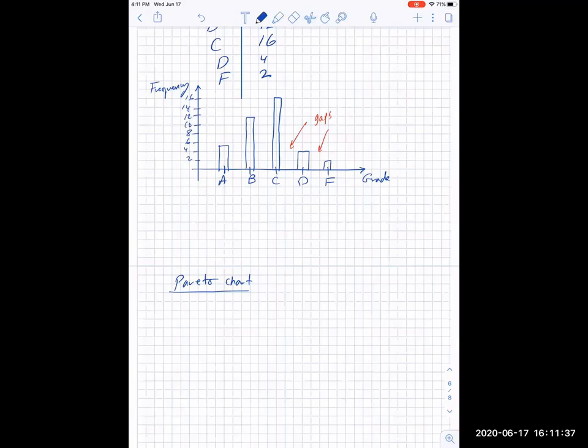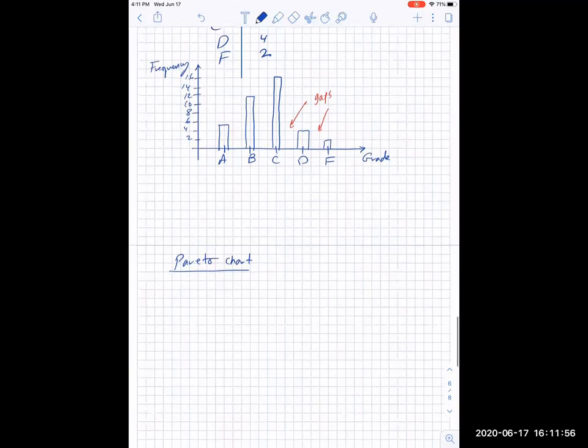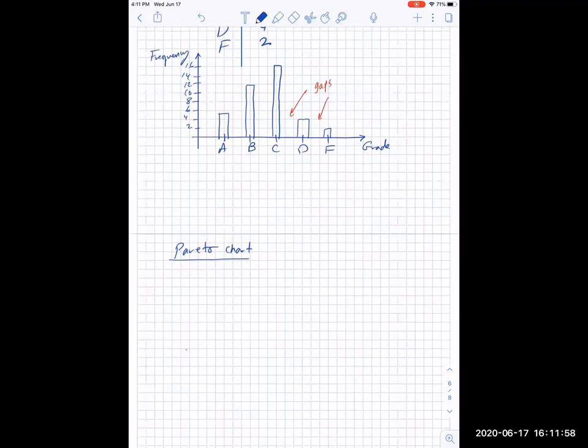A Pareto chart is a bar graph. It is used for categorical or for qualitative data, but with the additional requirement that the bars are arranged in descending order from the highest bar to the lowest bar. So I'm gonna redo this bar graph again.